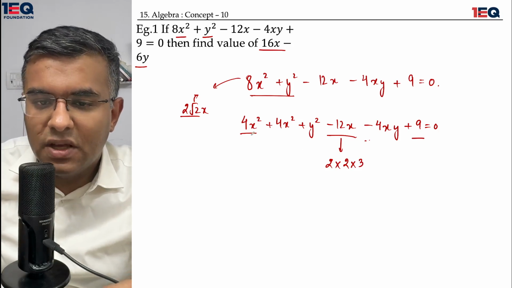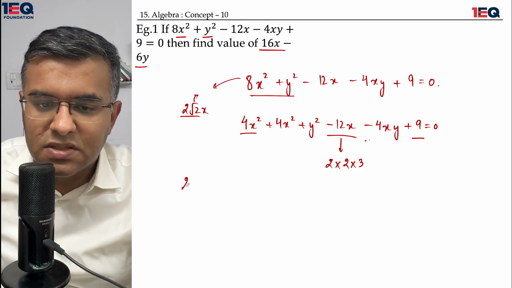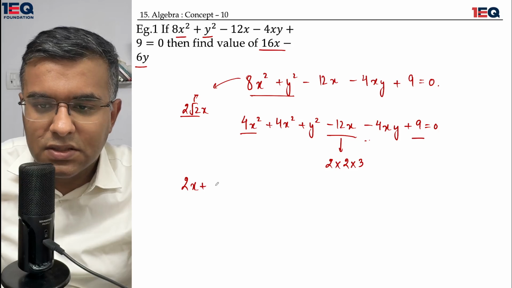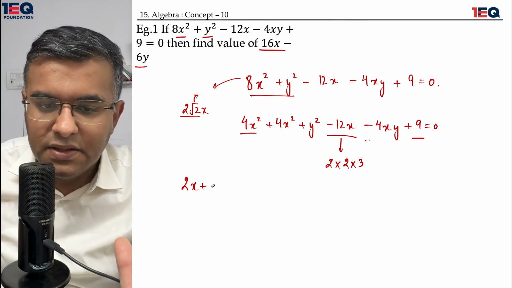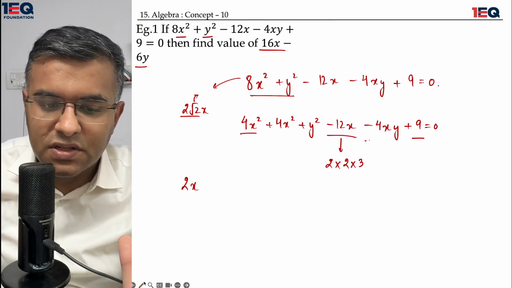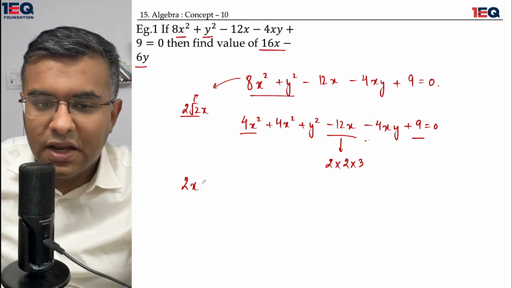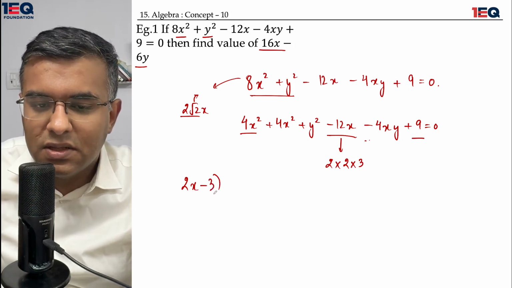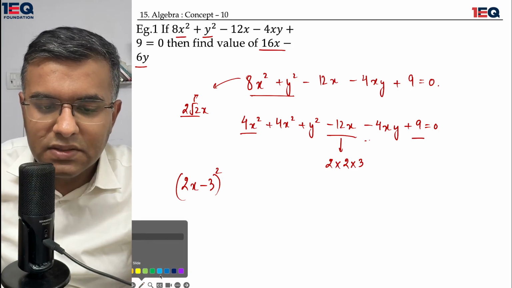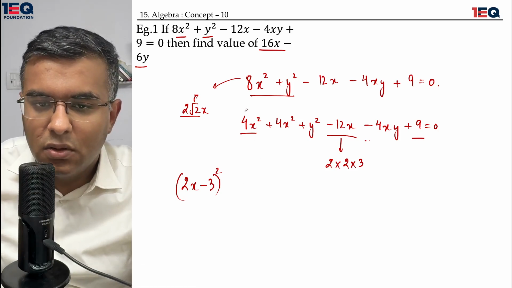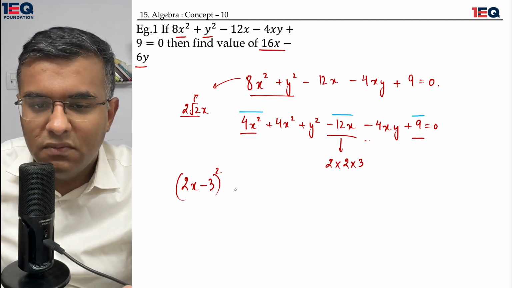So I'm able to figure out one equation out of this entire situation. The equation must be 2x plus 3 or minus 3. It would be minus. Why would it be minus? Because the coefficient of 12x, which is an amalgamation of 2ab, is negative. So 2x minus 3 whole square. Remember this, 2x minus 3 whole square. I'm done with one equation.